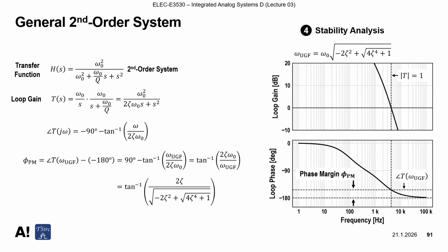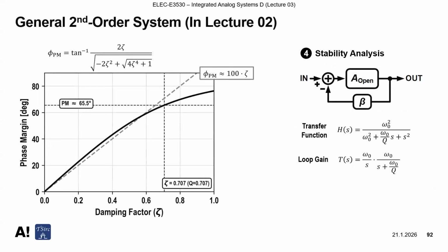In other words, we can describe phase margin using the Q factor. So this is what I introduced in the last lecture, right? I briefly introduced what is happening here, damping factor and phase margin, right? And the approximation of phase margin.